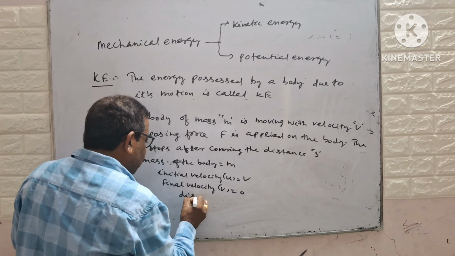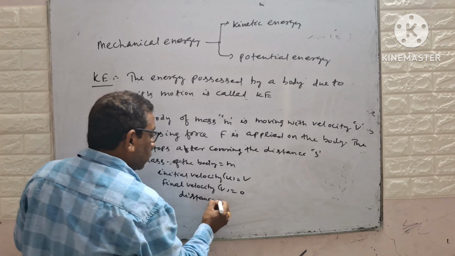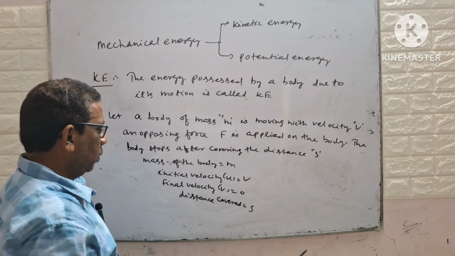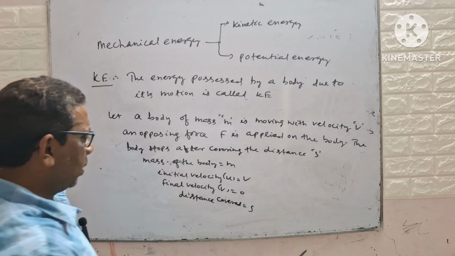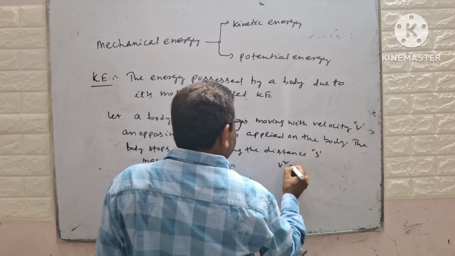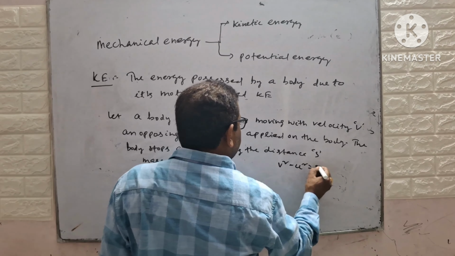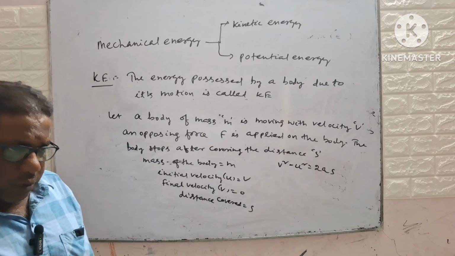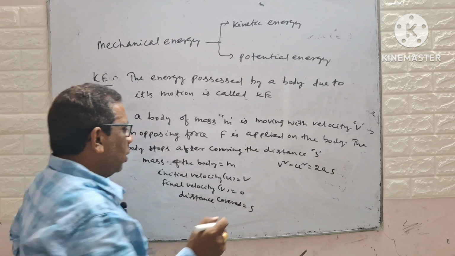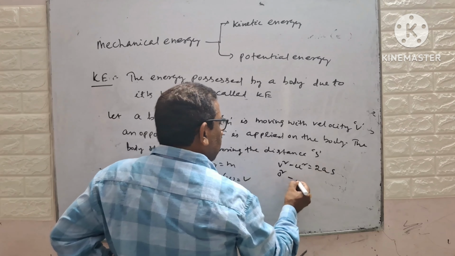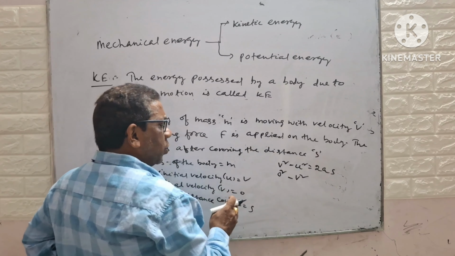Distance covered is s. We know a formula from class 9, the third equation of motion: v square minus u square equal to 2as. We put final velocity 0, so 0 square minus u square, with u equal to v, gives minus v square.